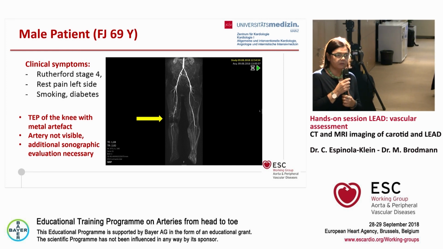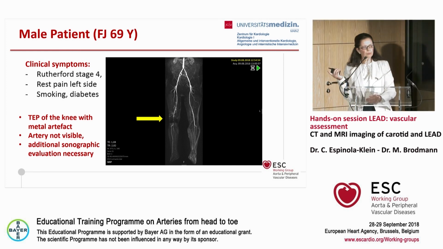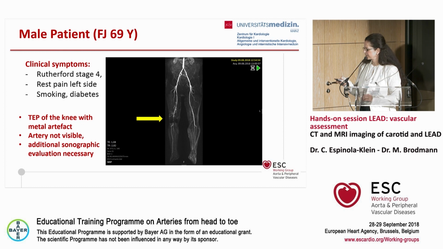So the last case shows this problem. As an example, you can see a patient, Rutherford stage 4, rest pain of the left side, smoking, diabetes, and you don't know exactly what happens here, because he has an endoprosthesis of the knee with a metal artifact.